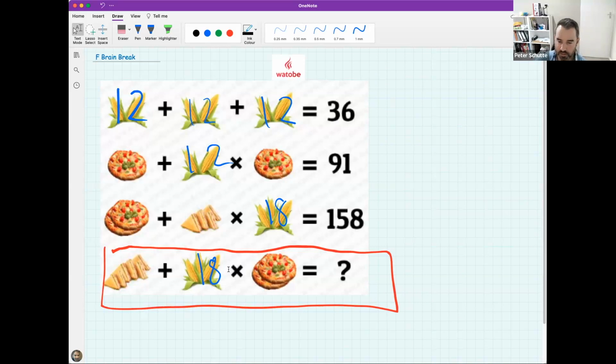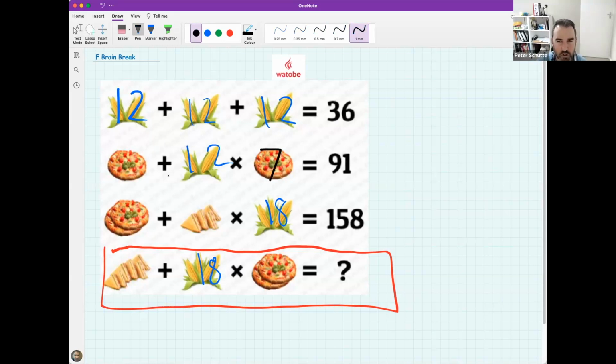Is pizza really 45.5? Because we need something, because it's 12 times something, and then plus that something. So Annie has suggested that the pizza is 7.